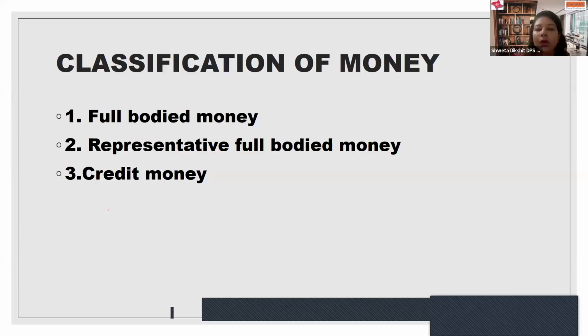Now, representative full-bodied money. Representative full-bodied money are the various kinds of coins and currencies which do not match in their intrinsic value and face value, but yes, they act as representative and they act as money. Credit money are the money which work in the form of credit. They can sometimes be bank money also.